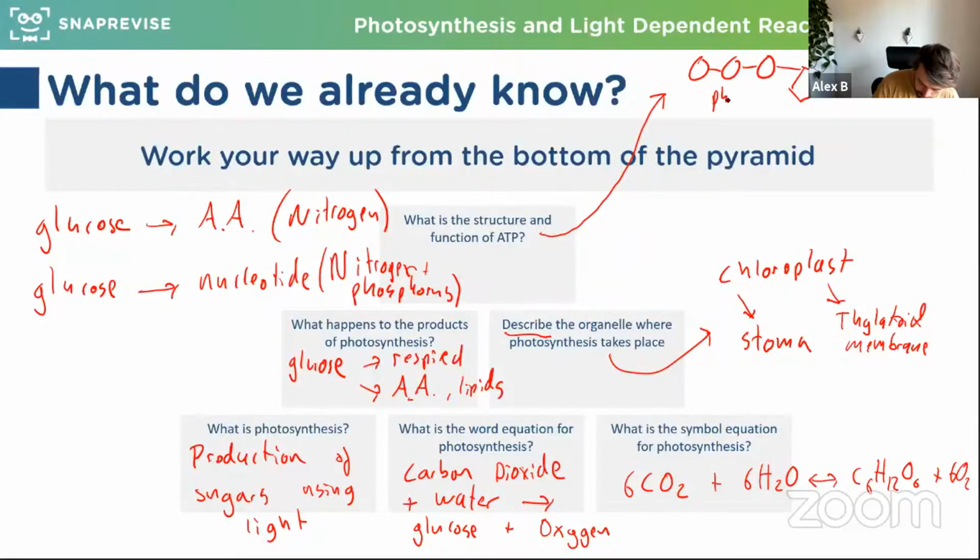So phosphates, which sugar is it that it's bonded to? It's a pentose sugar, which means 5 carbon sugar.